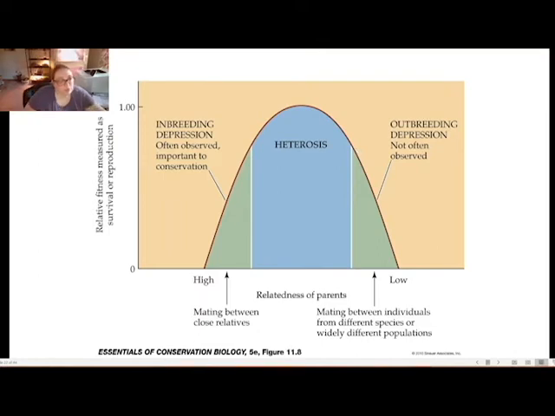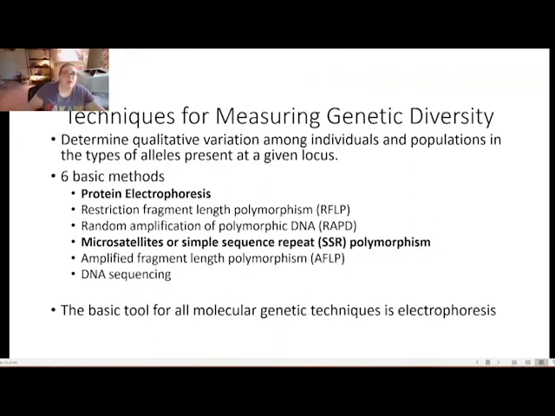So there are quite a few techniques for measuring genetic diversity. Now we're getting into the specifics of what conservation biologists will do with this. You want to determine qualitative variation among individuals and populations in the types of alleles that are present at a given locus.